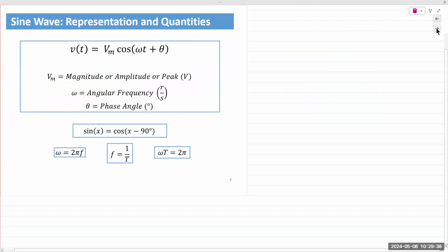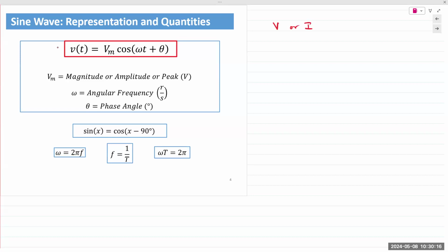Okay. So this is a standard expression. V of t is represented by Vm cos of omega t plus theta. Instead of V, I would use the term X. X of t is Xm cos of omega t plus or minus theta, where X could be voltage, could be current, could be power.